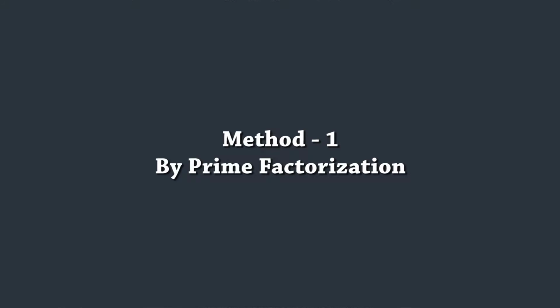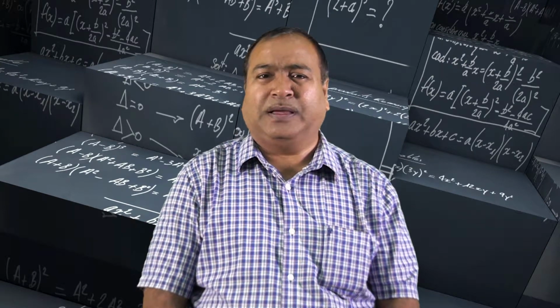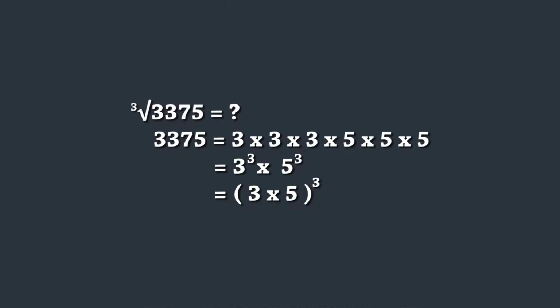Method 1. Through prime factorization method. Let us take an example. Consider a number 3375. Its prime factors are given as follows. 3375 is equal to 3 into 3 into 3 into 5 into 5 into 5.